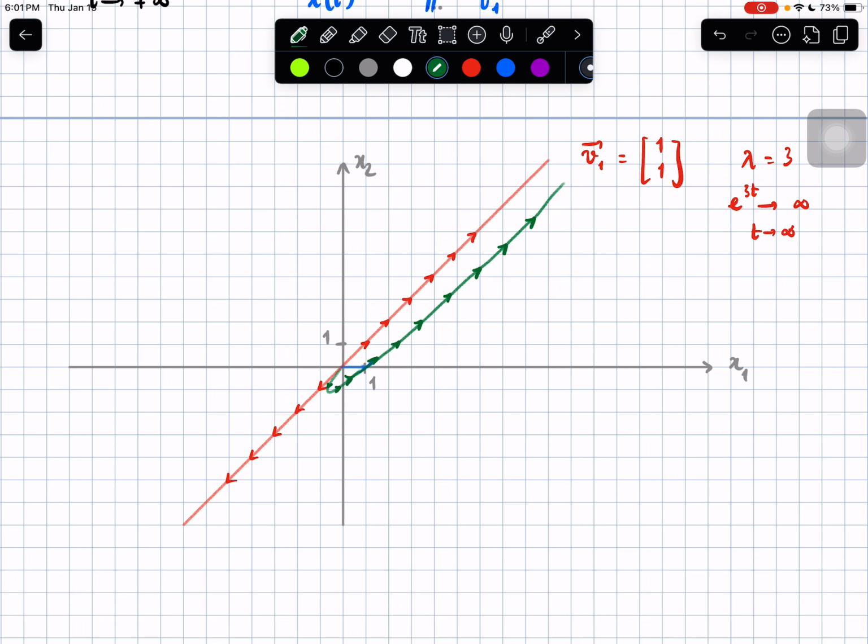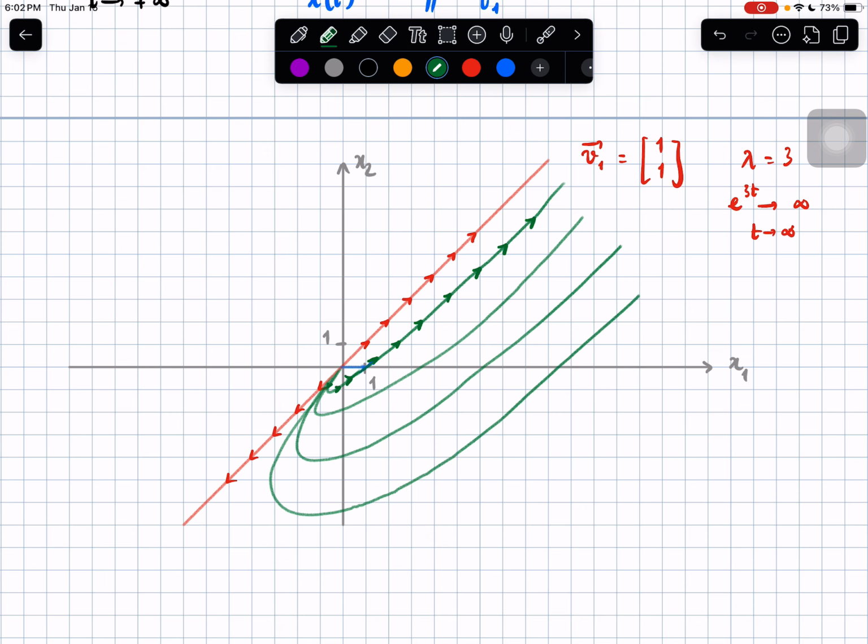Similarly, we can draw the other curve. That's for this side. For this side, it goes like this.